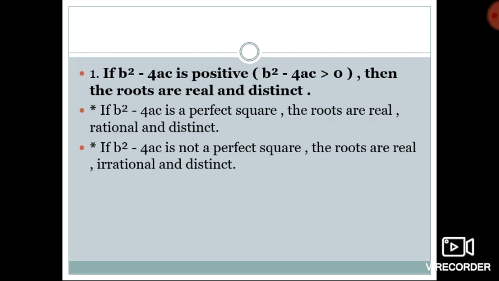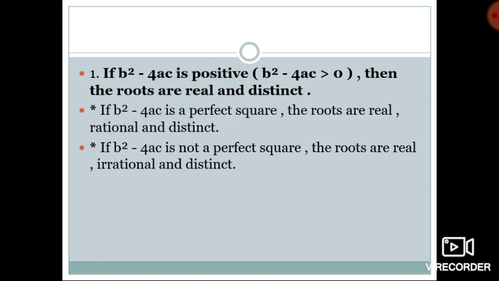So if we apply the values of a, b, c in the discriminant, if it is positive, then automatically the roots are real and distinct. If we get any positive value, then you can say the roots are real and distinct.